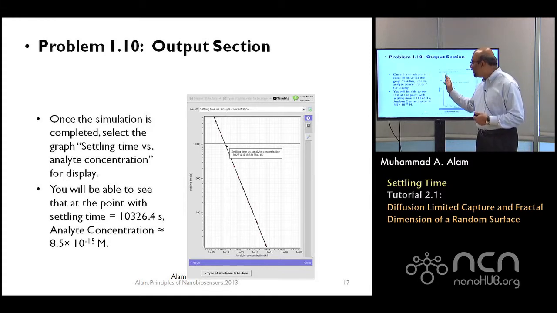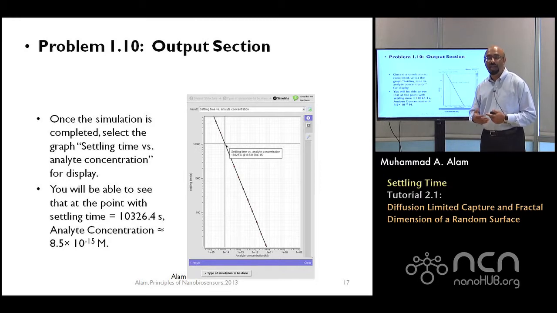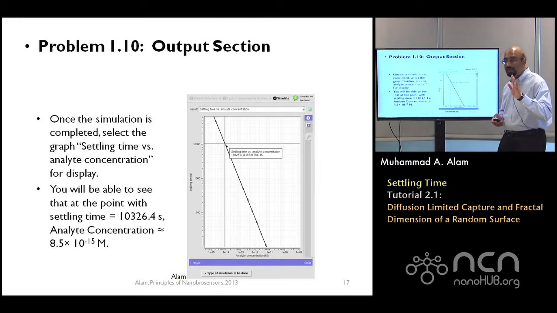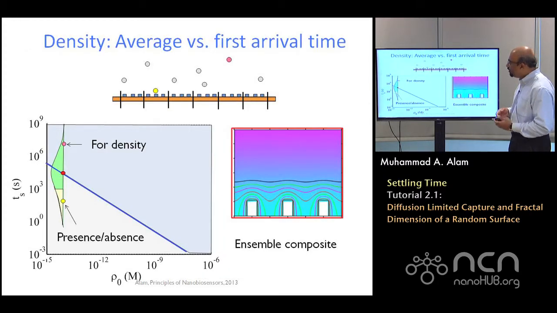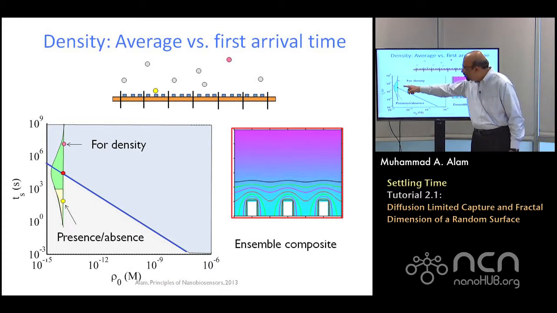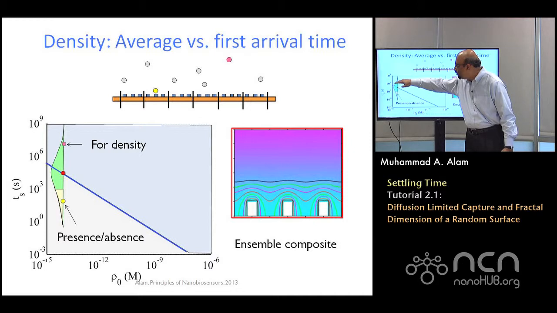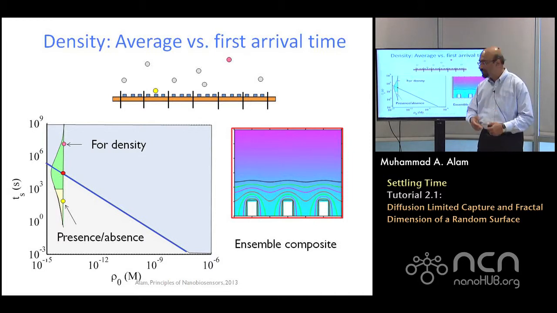Anybody who reports a value lower than that, it's not a believable result. But actually, it turns out the situation is a little worse than that. Do you remember that I said that in order to know the density, you have to be able to know at least probably 90% of the sensor response, how long it takes.